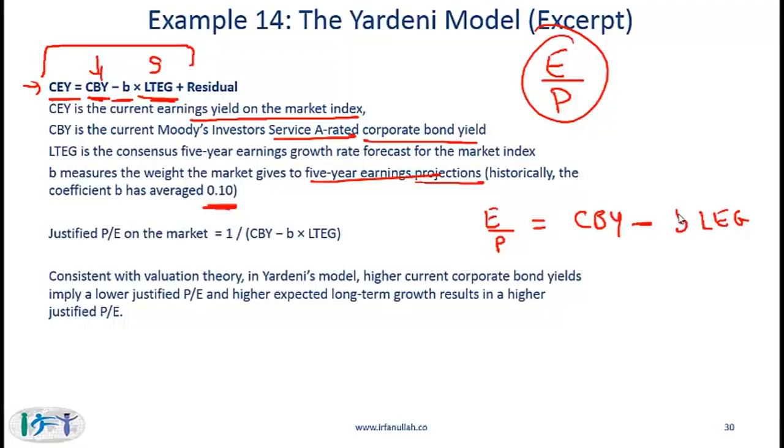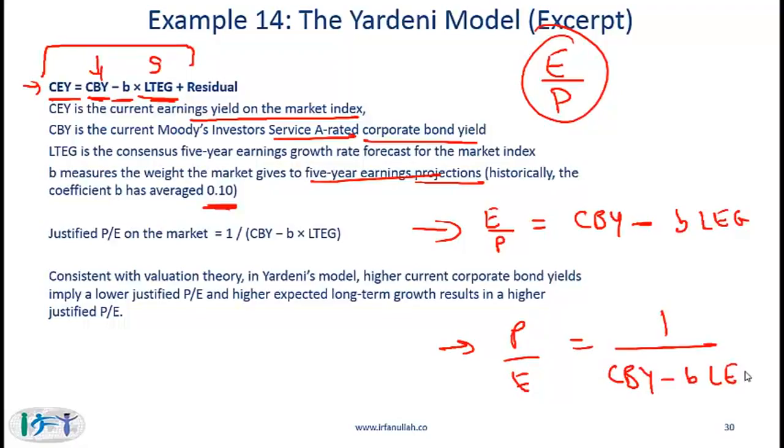Okay, now what should the PE then be? So if this is what the justified earnings yield is, then what's the justified PE? The justified PE is simply equal to 1 over CBY minus B into the long-term earnings growth rate. All right, just the reciprocal.